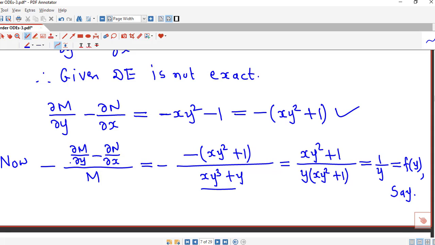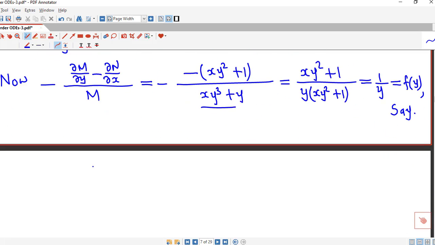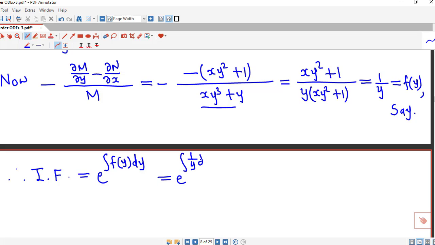So this quantity, negative of (del M by del y minus del N by del x) over M, turns out to be a function of y only. Therefore, by the second working rule, we find the integrating factor by taking e raised to the integral of f(y) with respect to y. f(y) is 1 over y here, so this is going to be e raised to ln y, which is y.